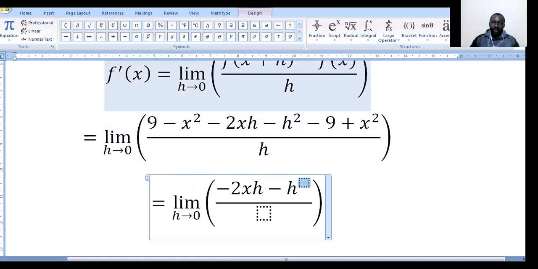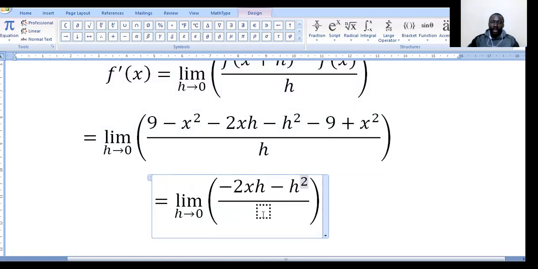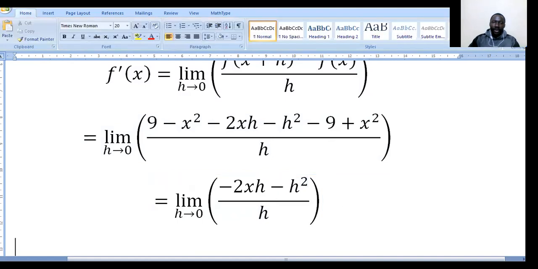That's what we are going to be having right away. Then we will keep the denominator. Now, in the next step, we seek to simplify what is inside this bracket here. Now, we notice there is h here and there is h there. We can factor it out.